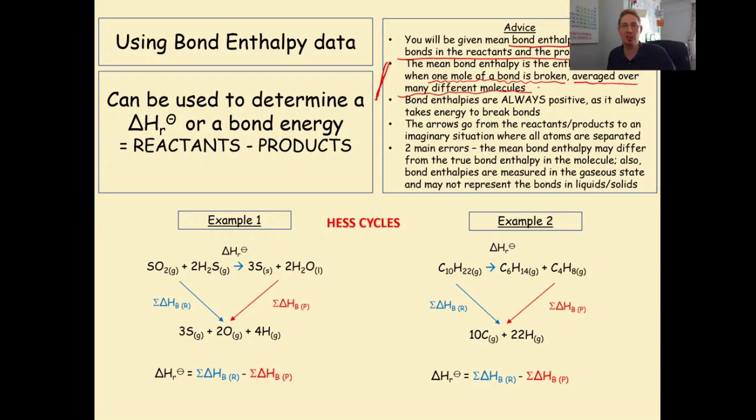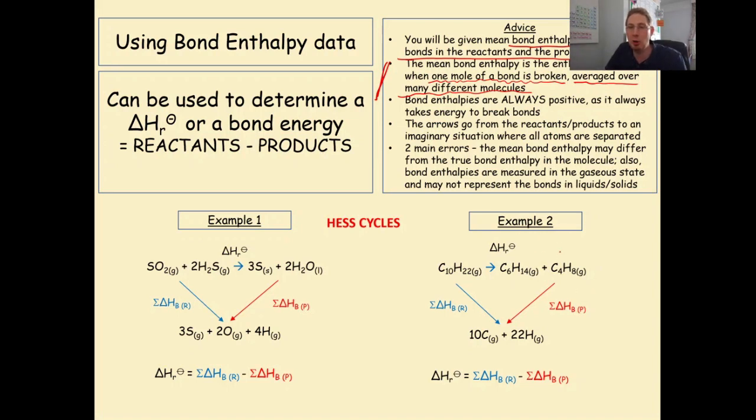Even within one molecule, like methane, breaking the first C-H bond has a different enthalpy to the second, third and fourth because of the way the electrons arrange. So by averaging over many different molecules, we get quite an accurate idea as to how much energy is needed to break one of those bonds.